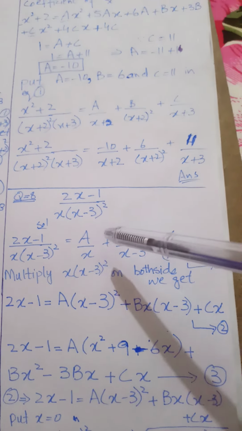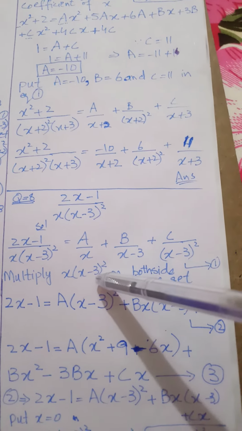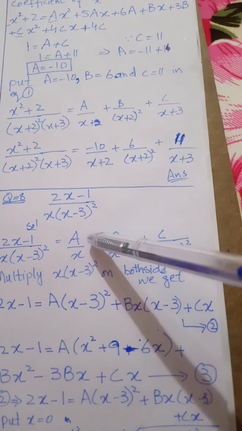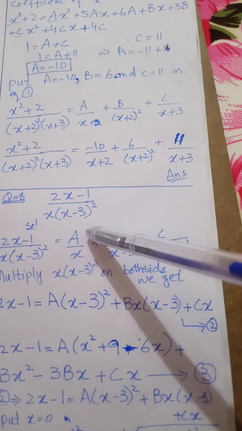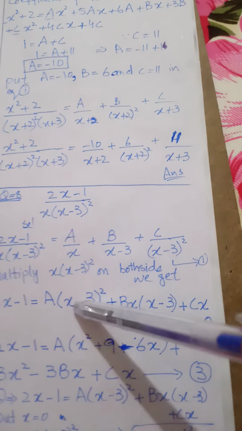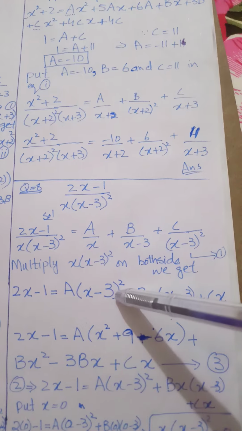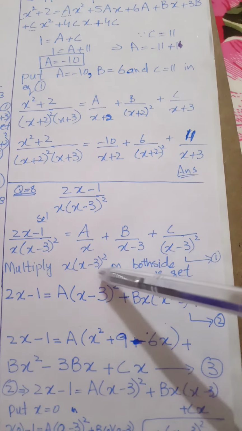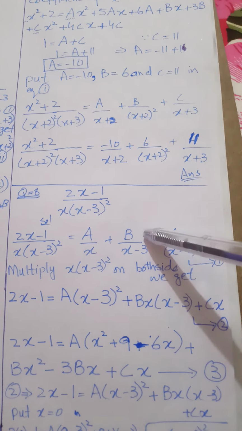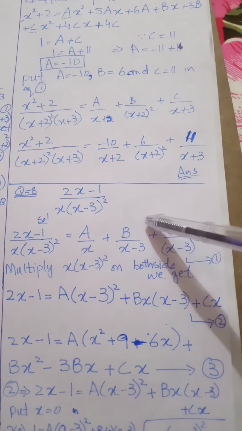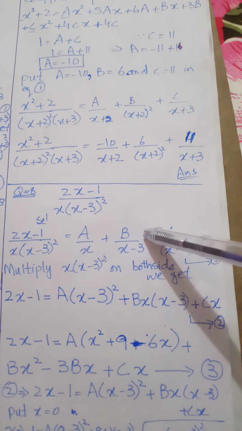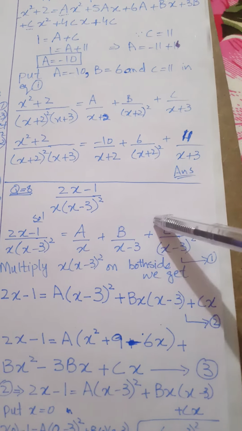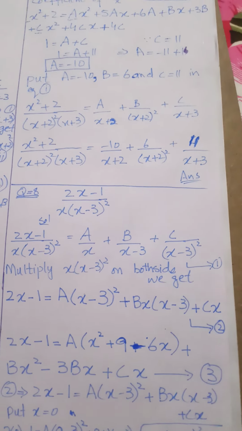Moving towards the right side, when we multiply x into x minus 3 whole square, x will be cancelled, just x minus 3 whole square will come with a. Similarly, when we multiply x into x minus 3 whole square with b, one x minus 3 will cancel, and just x minus 3 and x will remain.